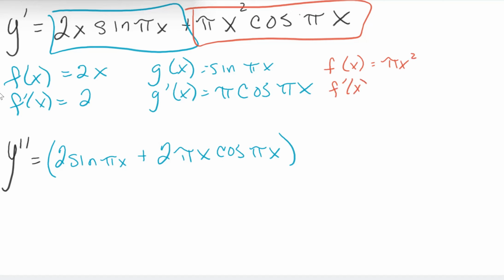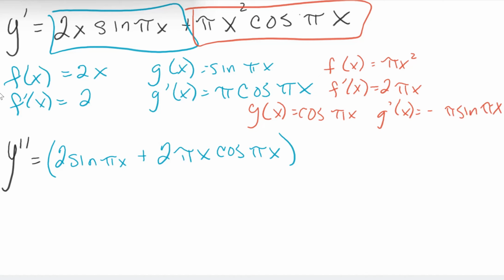So f prime of x is 2 pi x. g of x is cosine pi x. So g prime of x is negative pi sine pi x, because it's negative sine.